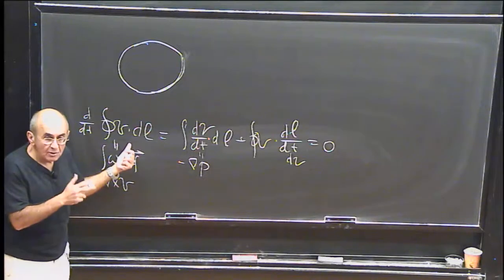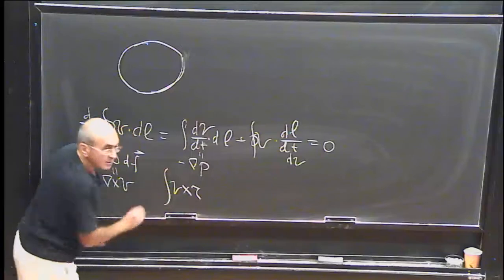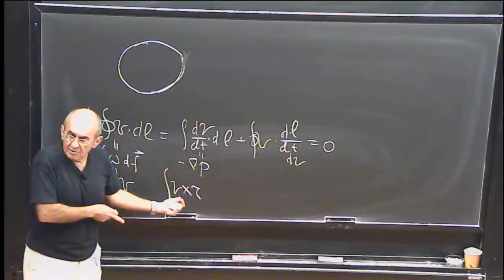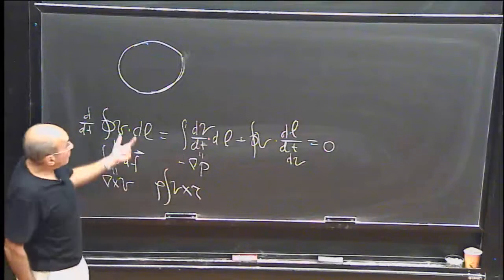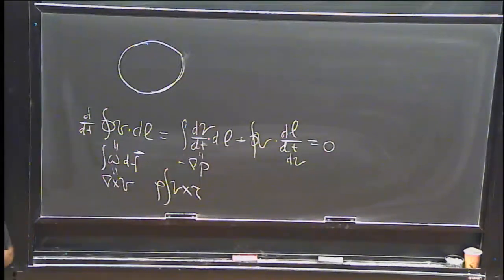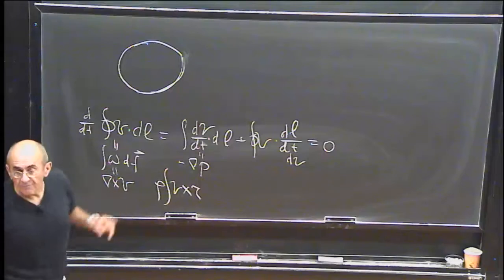It does not have a local density. It's not the integral of V times R. Angular momentum has a local density like this, but this does not. Okay? But what it tells you is something very beautiful: if your flow initially was curl-free, it will be curl-free forever.